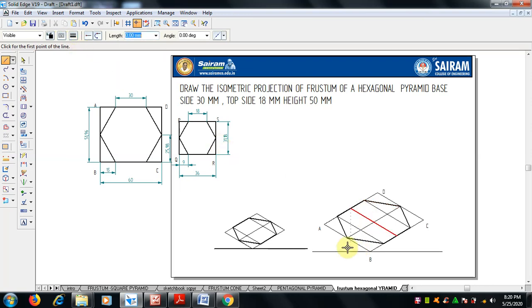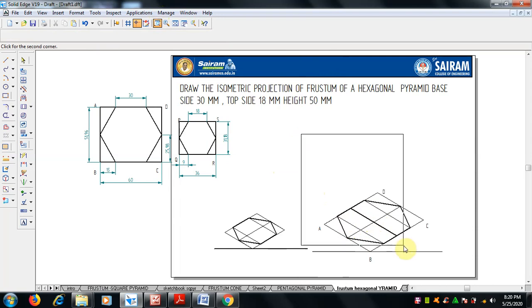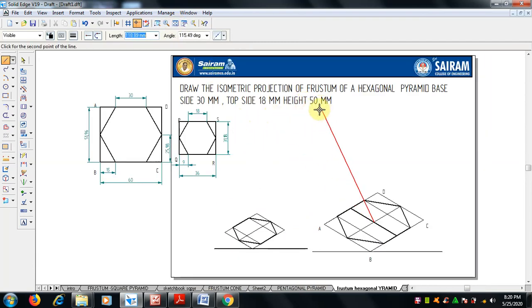So where we have to start, just from here, intersection point, in this mid of this, so we will get what is the total height given. Total height is 50 mm height, so I will go for 50 mm at an angle of 90 degrees. So now this is the center of it.